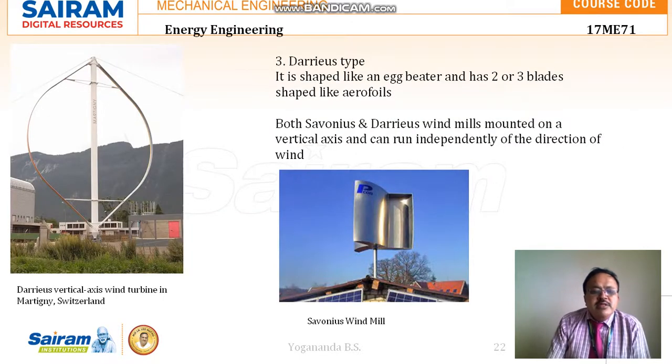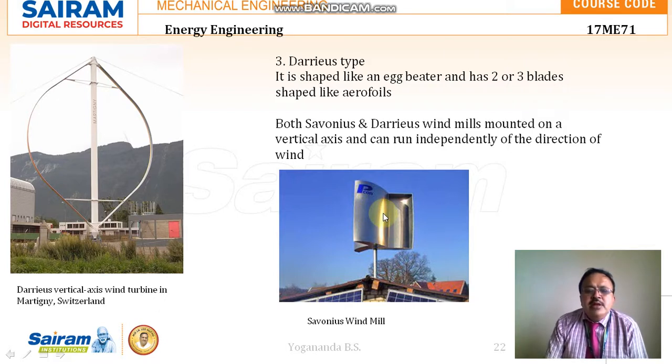The third one is the Darius type. That looks like an egg beater, and it has two or three blades shaped like aerofoils. Both these Savonius and Darius windmills are mounted on the vertical axis, so that they can run independently in any direction the wind blows.